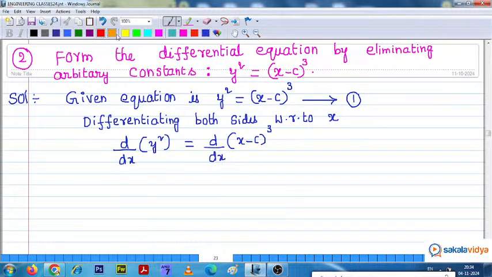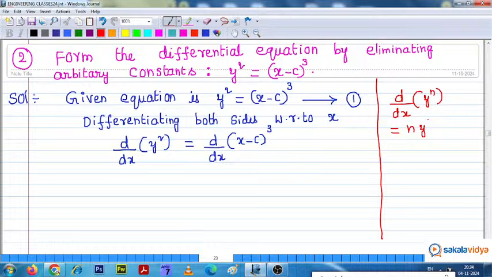See, my dear students, you remember these concepts. These concepts are very important. d by dx of y to the power of n, y raised to n, is equal to n times y to the power of n minus 1 into the derivative of y with respect to x, dy by dx. This is the first concept you need to remember.